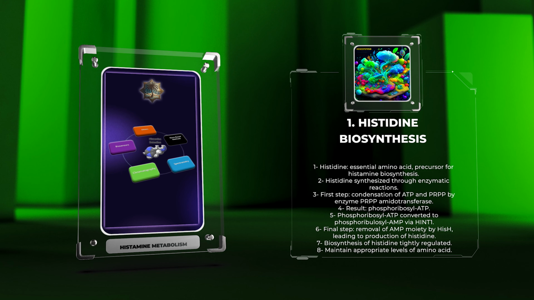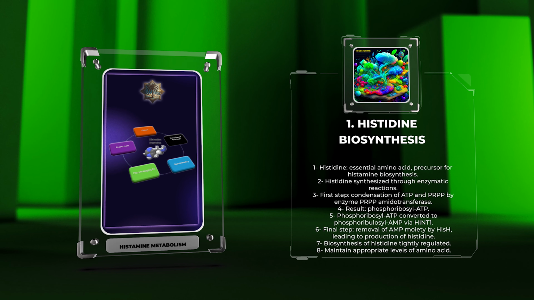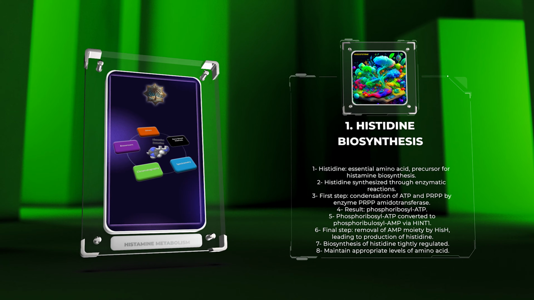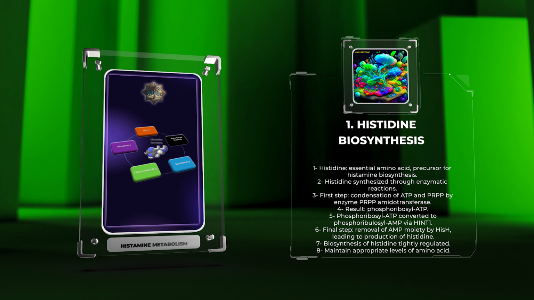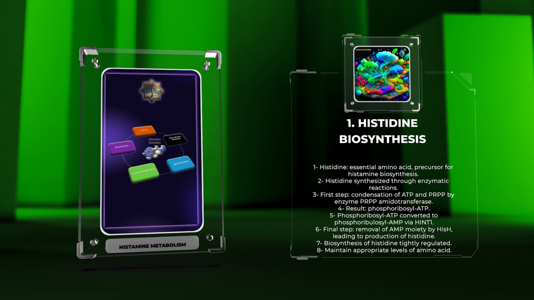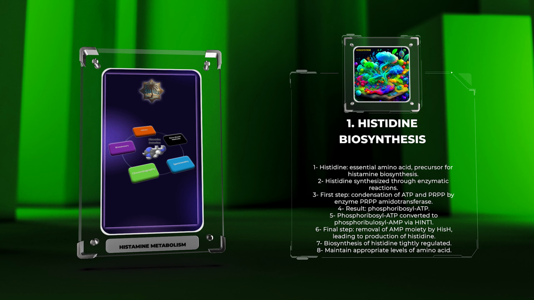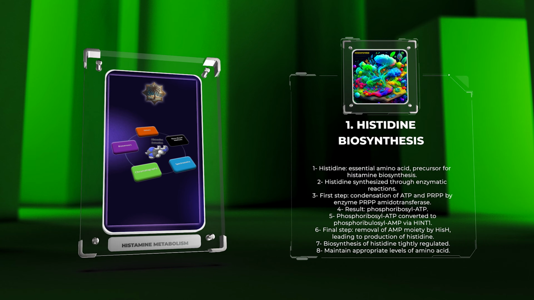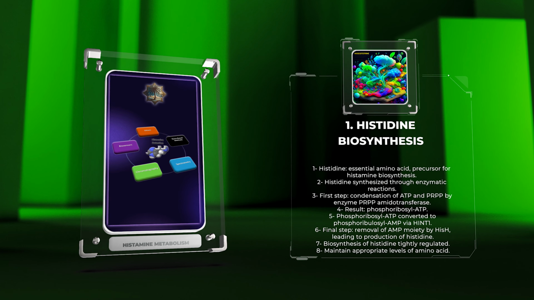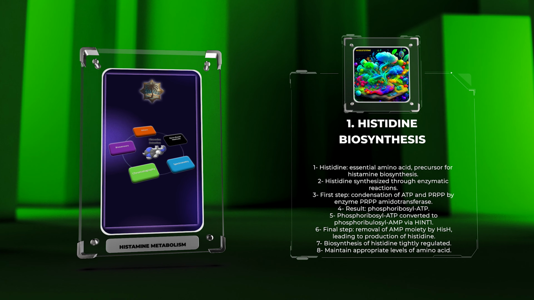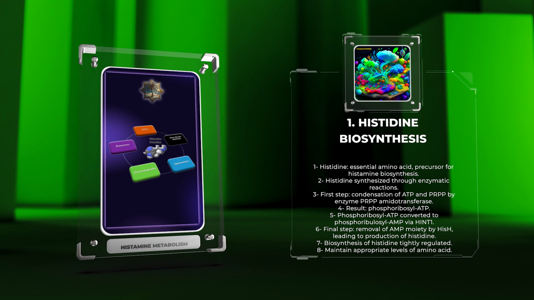This molecule then undergoes subsequent steps, including the conversion of phosphoribosyl ATP to phosphoribosyl AMP via histidine triad nucleotide binding protein 1, HINT1. The final step involves the removal of the AMP moiety by HisH, leading to the production of histidine. The biosynthesis of histidine is tightly regulated to maintain appropriate levels of this amino acid within the body.